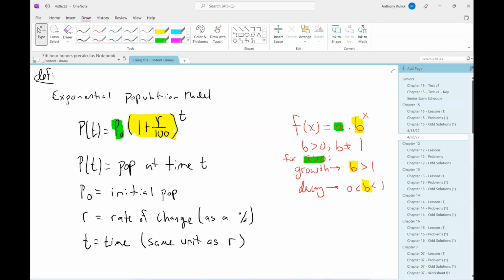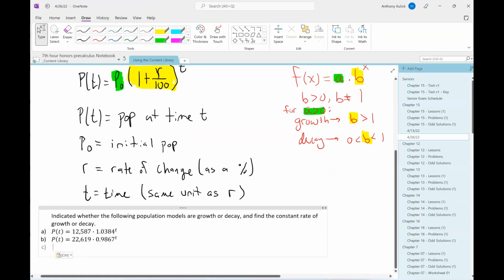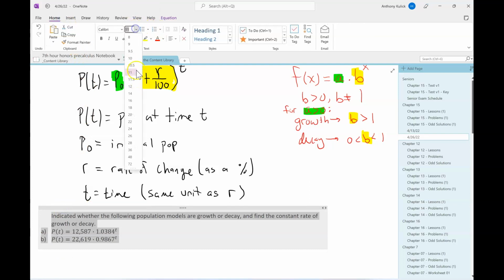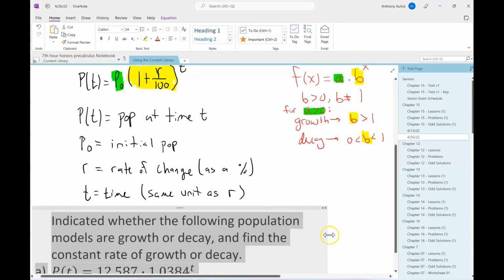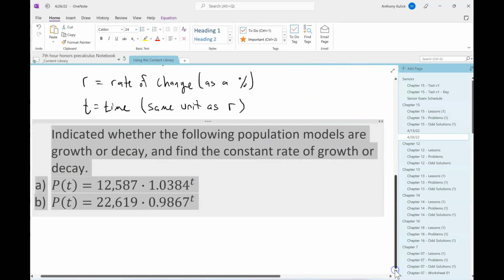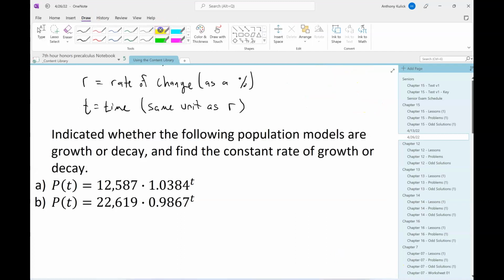Let's do an example here, just to get used to using this formula and thinking about this still as an exponential function. The directions indicate whether the following population models are growth or decay.